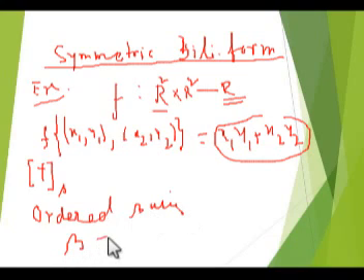Beta is equal to, for the first one they gave (1, -1), and for the second one is given (1, 1).